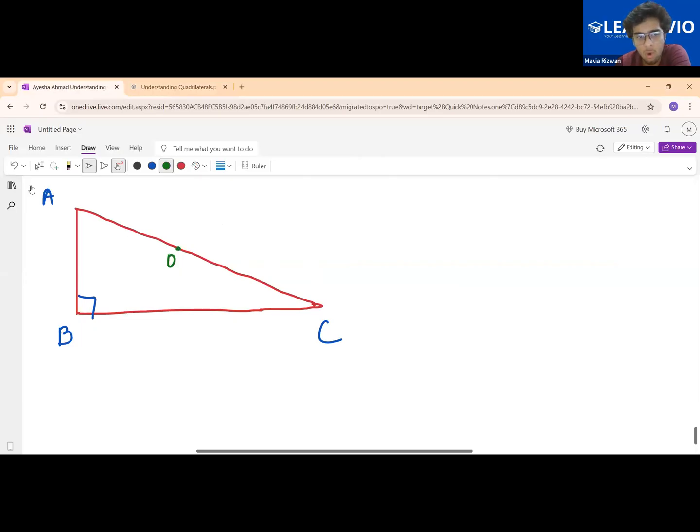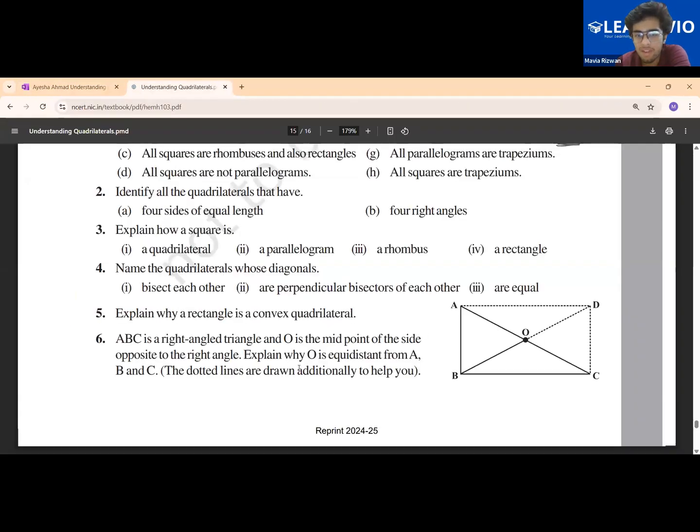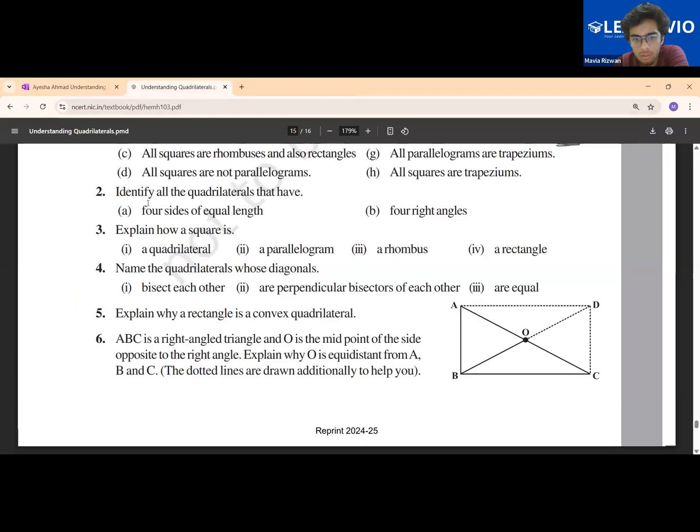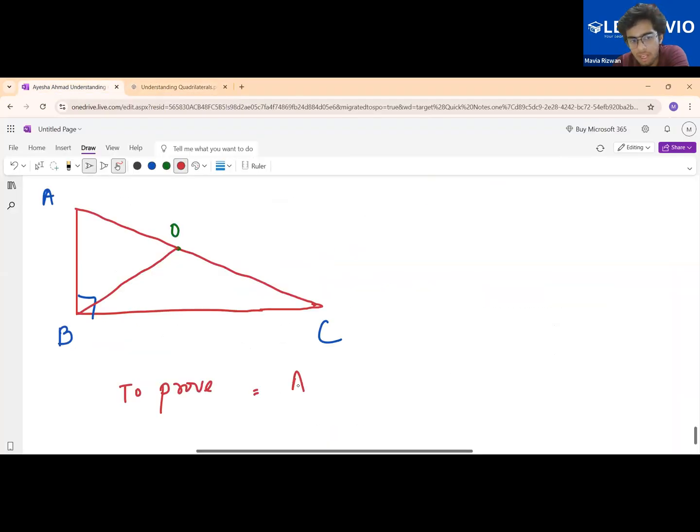This is O. Now, explain why O is equidistant from A, B, and C. So basically, what we have to prove is that AO is equal to CO, and this is equal to BO. We have to prove this, Aisha.